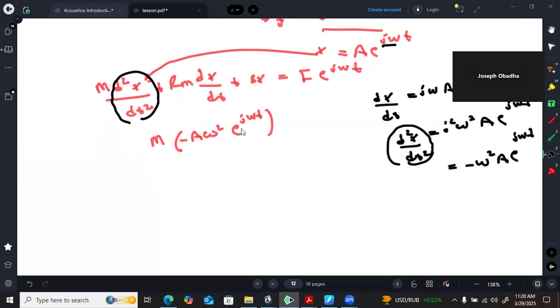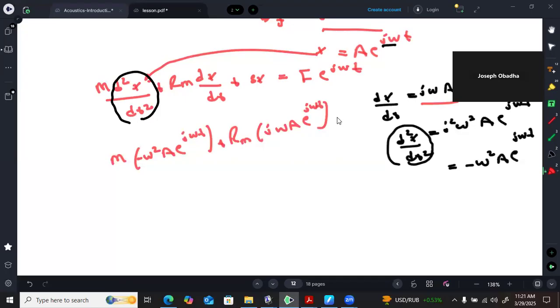So we have this expression. I can rewrite it down here: m times minus ω² A e^(jωt), plus Rm times jω A e^(jωt), plus s A e^(jωt), equal to F e^(jωt).